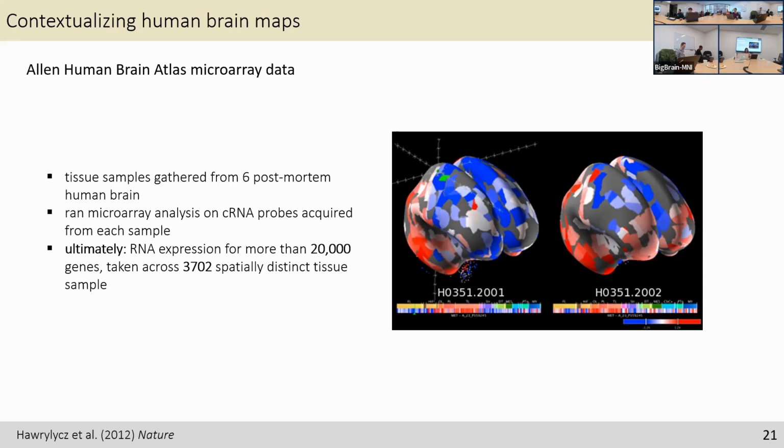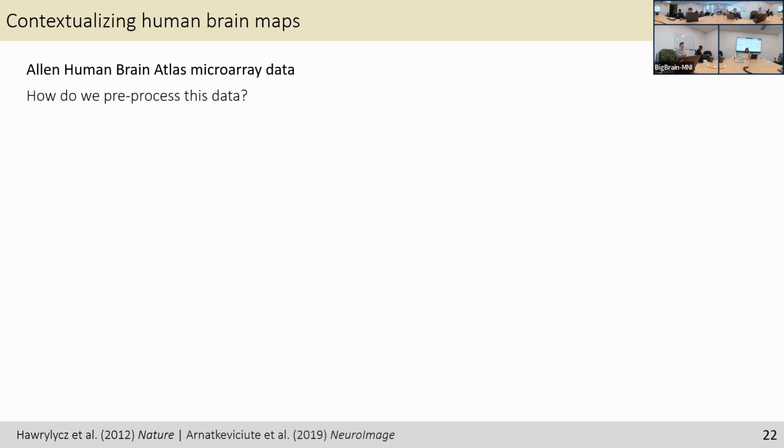What that leaves us with is basically a repository of more than 20,000 genes where we have expression of them across the brain. Well, not full expression across the brain, that's what I'll get to later, but some expression for some regions of the brain.